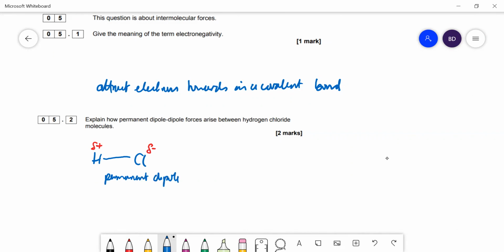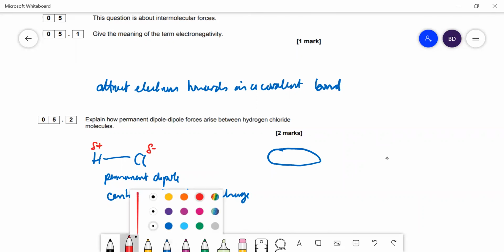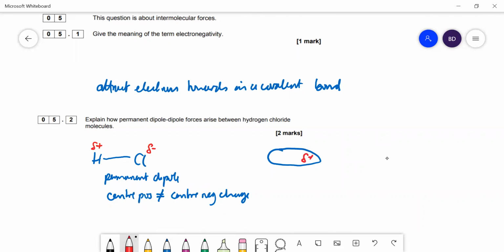That means the center of positive charge is not in the same place as the center of negative charge. So what will happen is the positive end of one molecule will be attracted to the negative end of the neighboring molecule, and that is what constitutes the dipole force. So for 2 marks there, I think you just have to mention the difference in electronegativity, the fact that you will have a negative end of the molecule and a positive end, and they attract each other.